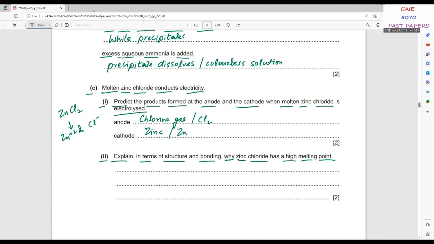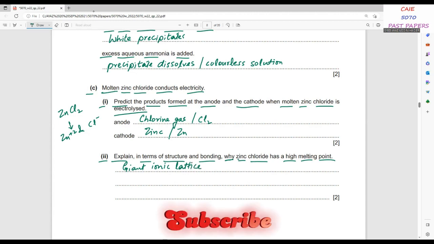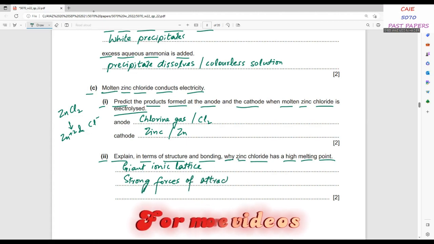So you write giant ionic lattice, strong forces of attraction between positive and negative ions.